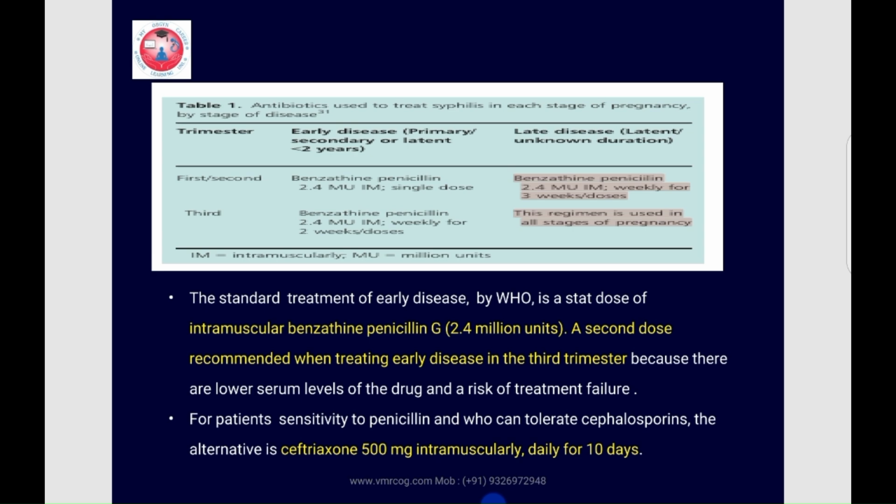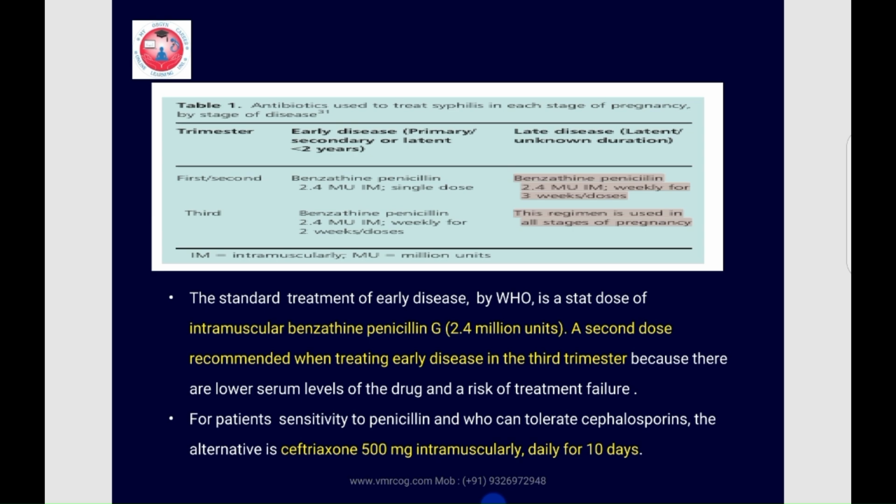Now, if the disease is a late disease, then irrespective of the stage of the pregnancy, you have the standard regime, one dose weekly for 3 weeks. Same drug, benzathine penicillin, 2.4 mega units intramuscularly weekly for 3 doses. So our regimen depends upon whether the diagnosis is early syphilis or late syphilis.